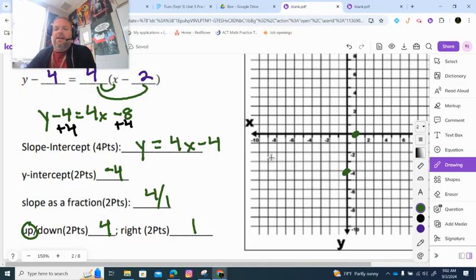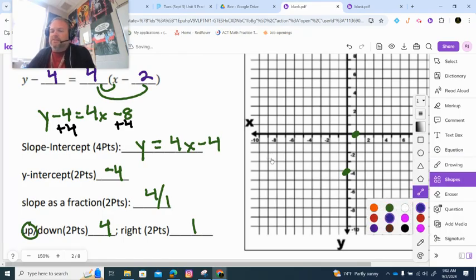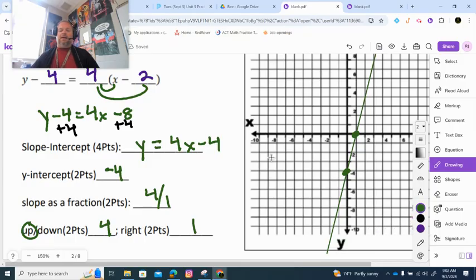Okay? Now, you could do 2 points. 2 points is fine. I normally do 3 just because that's a Mr. Jeffries thing. I'm going to tell you what I'm looking for right here, for when I grade this.